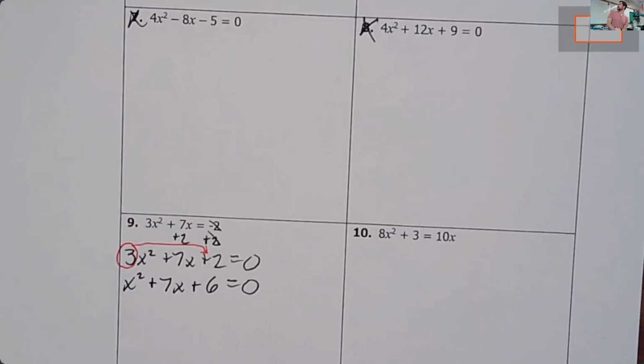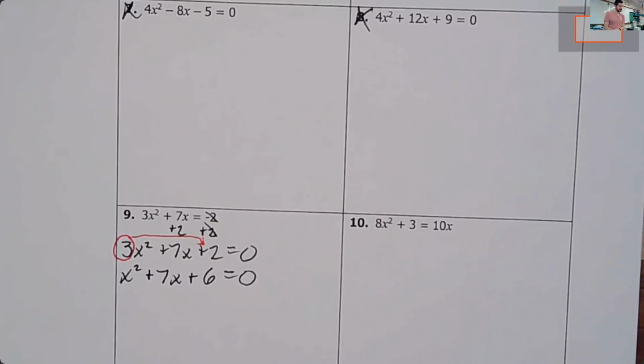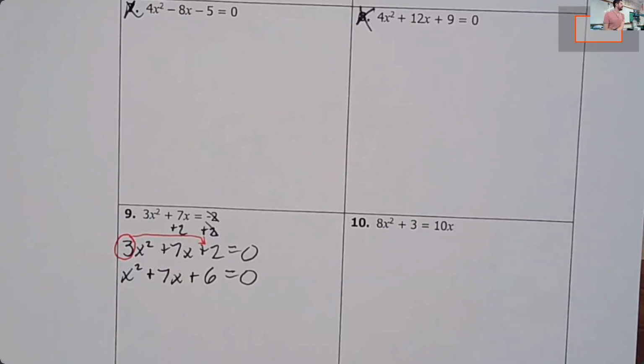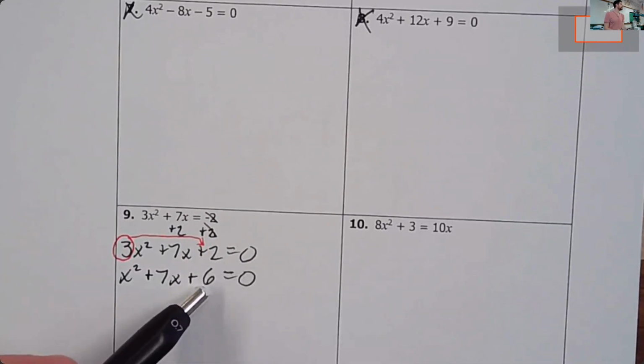Okay. So Diego, once you have that written down, help me out with figuring out 2 numbers that multiply to 6 and add to 7. What 2 numbers can you think of that multiply to 6? 3 and 2, okay.